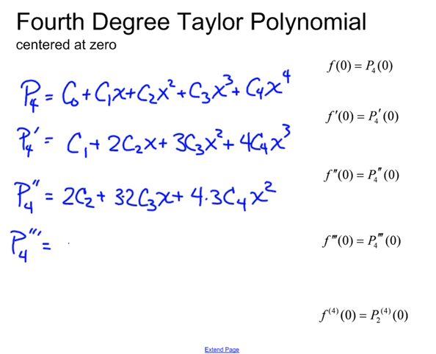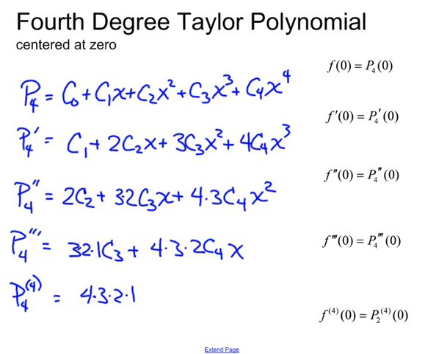We get 3 times 2 times 1, c sub 3 plus 4 times 3 times 2, c sub 4 x. And then the last one, the fourth derivative, equals 4 times 3 times 2 times 1, c sub 4.